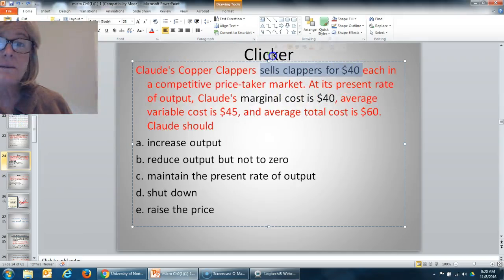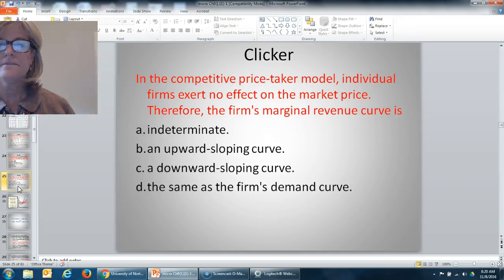How about this one? It'd be D, same as the firm's demand curve. How about this one? Ooh, where's Q star? Right. So let's find Q star here.